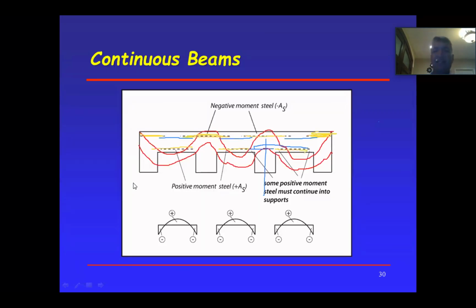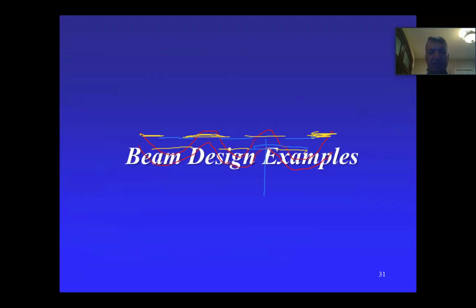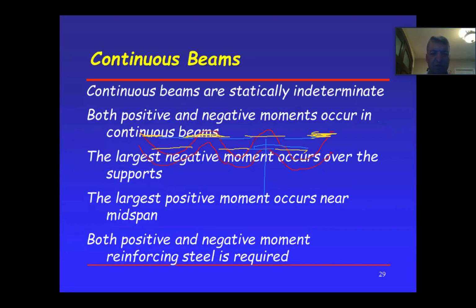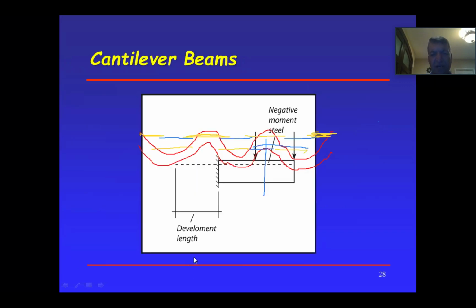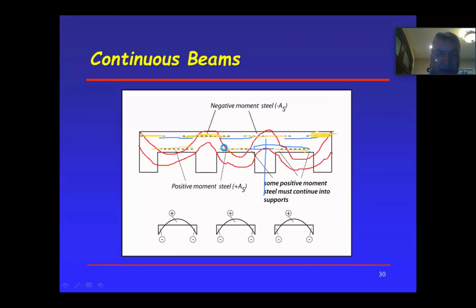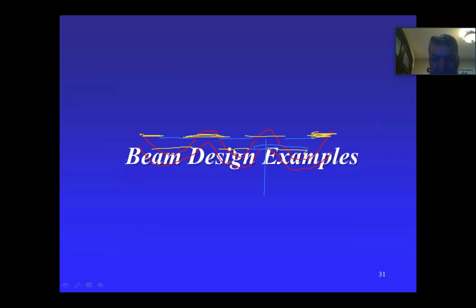See, both positive and negative moment reinforcing is required. So that's why we put the steel at the negative moment and the positive moment. So that's both required.